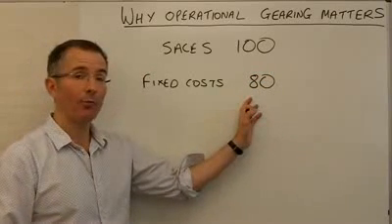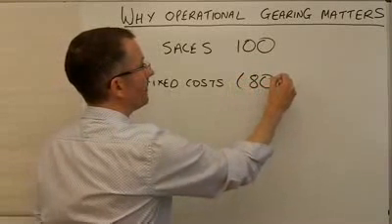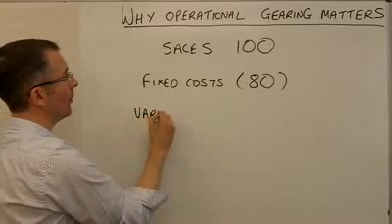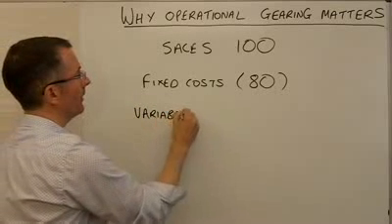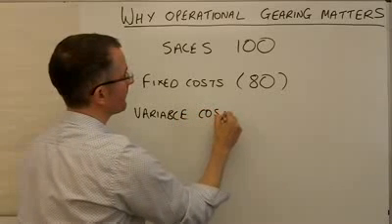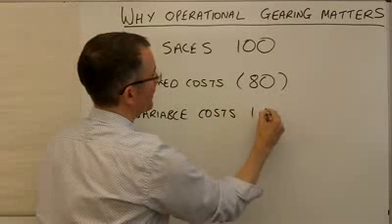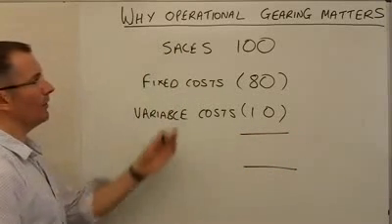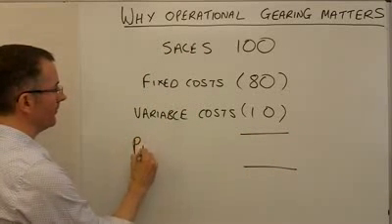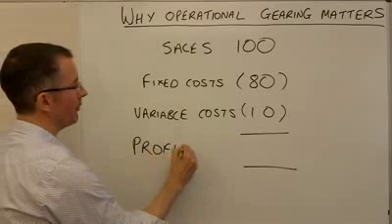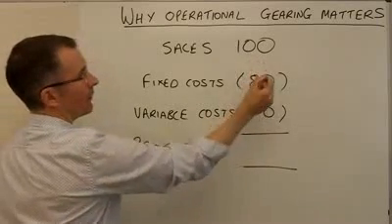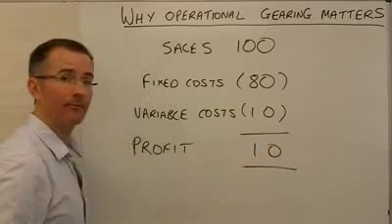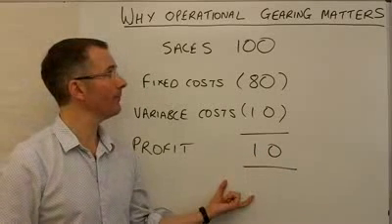So imagine that's your property and staff costs, make them negative because they're costs, and you've got your variable costs, that's your light, your heat, your utilities and so on, of 10. Very simple business. So you now have a profit, one minus the other, that's revenue minus costs, of 100 minus 80 minus 10, so that's 10. Great. So far, so what?